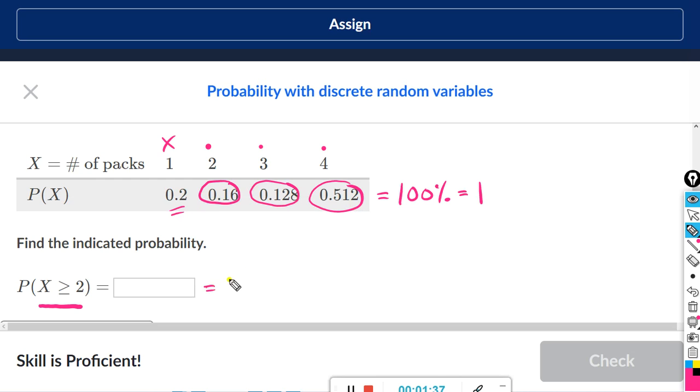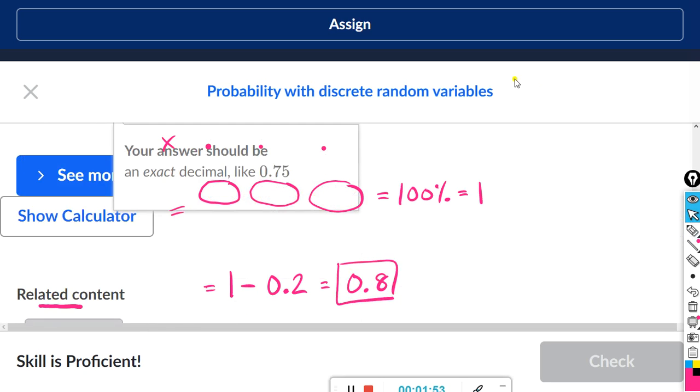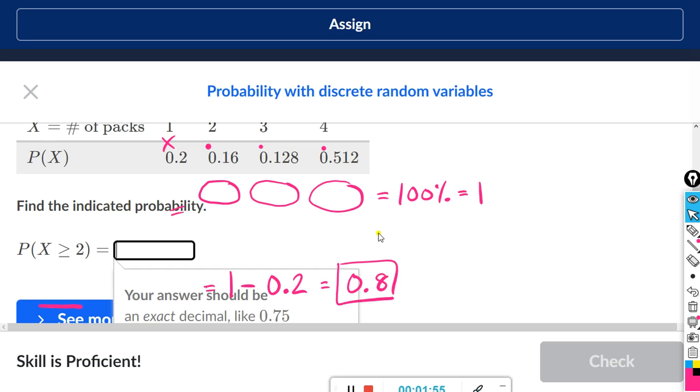The probability is just 1 minus 0.2, and of course, that's going to be 0.8. If you want to double check, you can just add these 3, but it's the same thing. So click inside the box, and you can type 0.8.